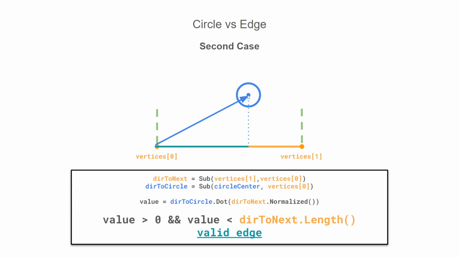That means this point here is above this dotted line here, right? And if the value is smaller than the length of the direction vector between the vertices, then the point is somewhere in this direction, right? So it's between these two dotted lines. Then we can check for penetration.